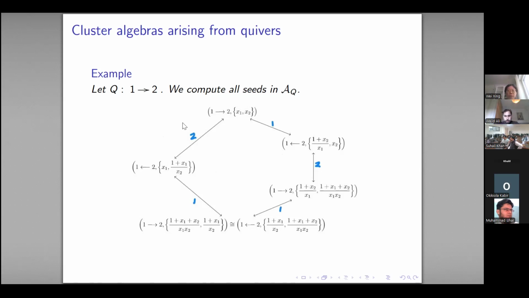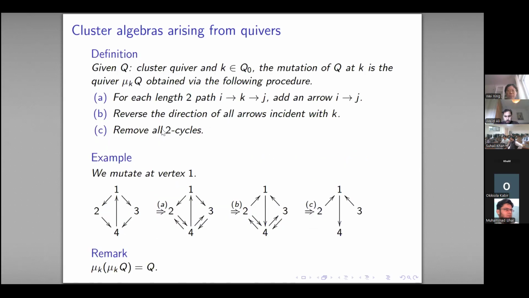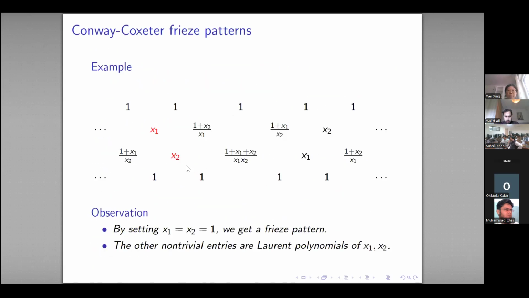And if you compare this with the Frieze pattern we have seen before, we start from x1, x2. By applying the diamond rule, we can substitute x1 by the new variable here. And then we get another pair, which consists of x2 and this new variable. We make use of these diamonds, and we can substitute x2 by another one here.